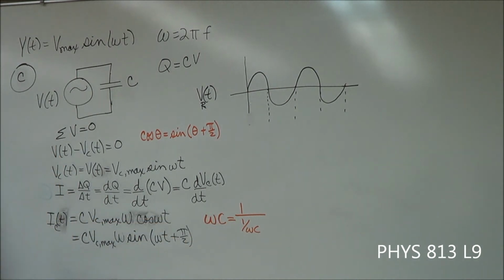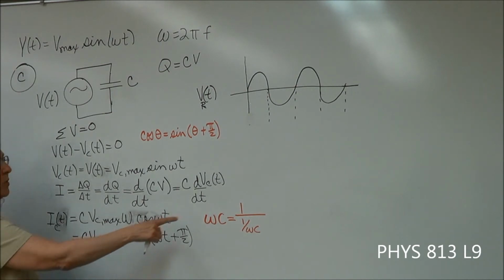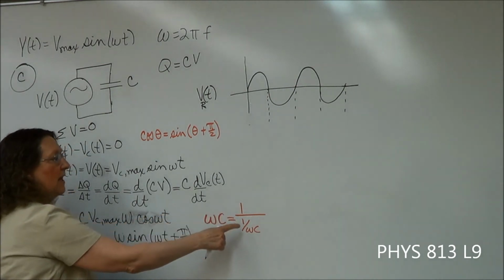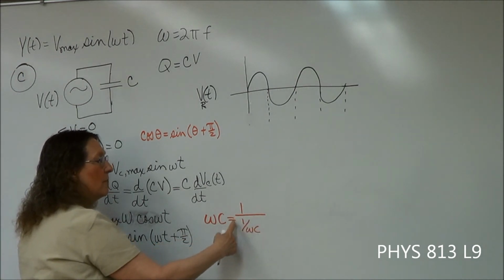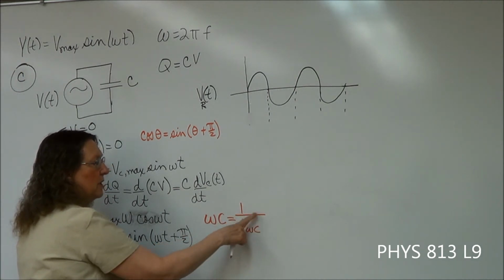So what we would like is something in the denominator that is in the same position as the resistance was in the resistor problem. So we have our 1 in the numerator, and then we have 1 over omega C in the denominator.